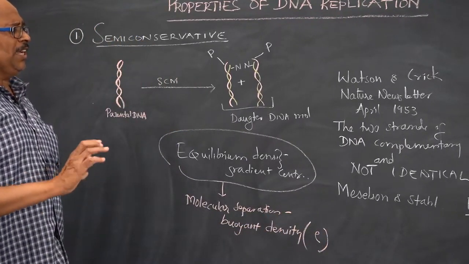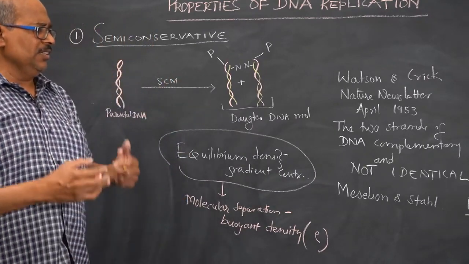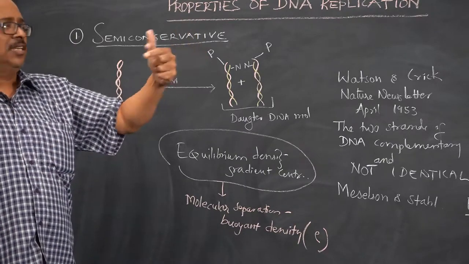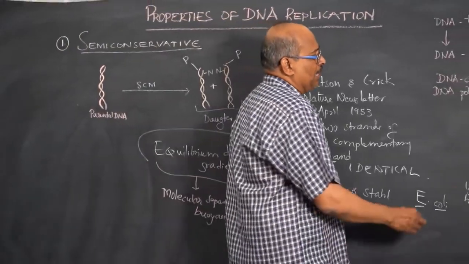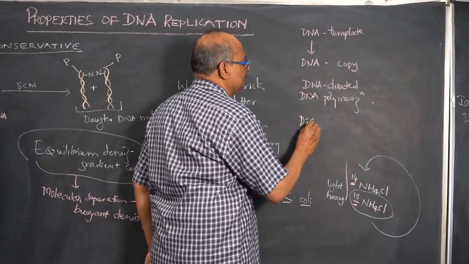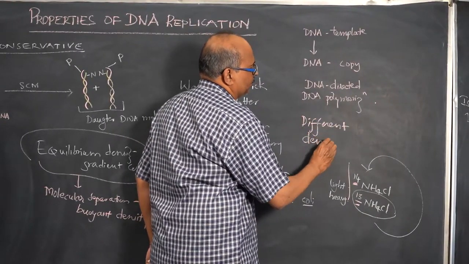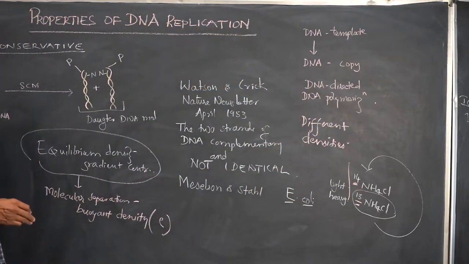So if two DNA molecules have differences in their bond density, they will get separated and form distinct bands in the case of equilibrium density gradient centrifugation. Since N14 and N15 have different densities, they are going to produce two distinct bands.